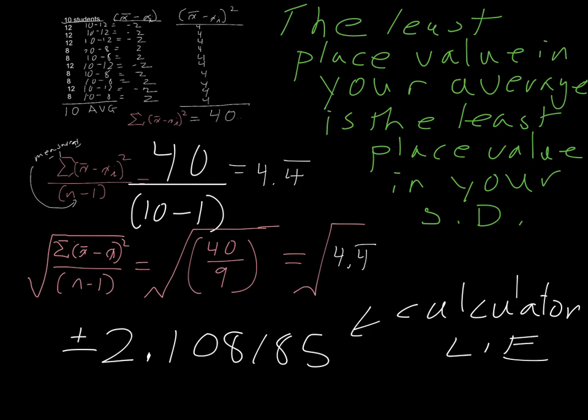The least place value in your average is the least place value in your standard deviation. What I mean by that is if I'm only capable of measuring something to the ones place, then I can only report a standard deviation to the ones place. The standard deviation and your average are going to share the same least place value. So even though my calculator gives me all this, I'm going to do some rounding, and my standard deviation would be plus or minus 2. Because the least place value in my average is the 1s, so the least place value in my standard deviation is going to be the 1s.